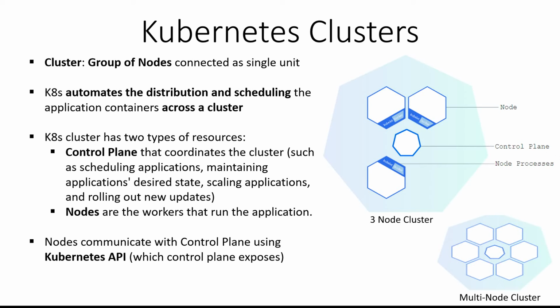Generally, the command line is the most popular interface to communicate to the master, especially the kubectl that we use. The kubectl is a command line, but internally the kubectl will talk to the Kubernetes API.